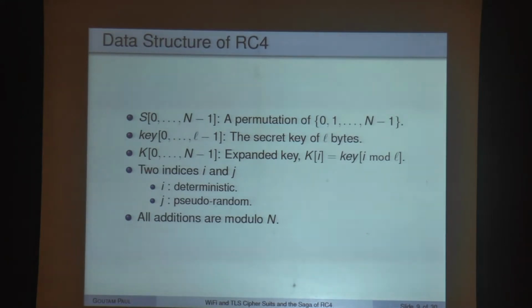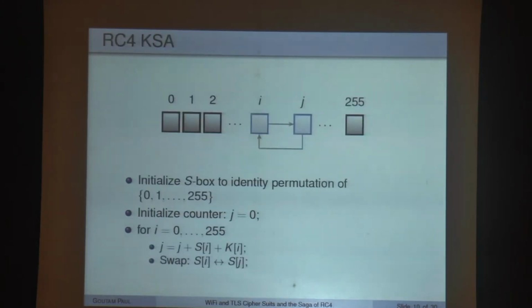The index values are between 0 and 255, because there are 256 elements, but when you add them, it can go beyond 256. To wrap it around within the limit 0 to 255, we just do modulo 256 addition, as simple as that.